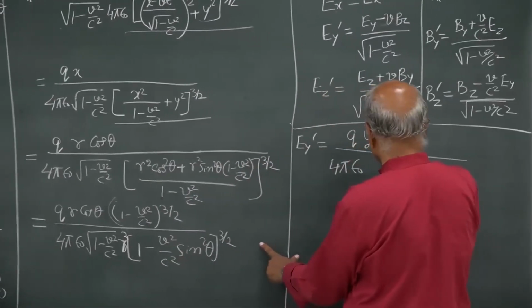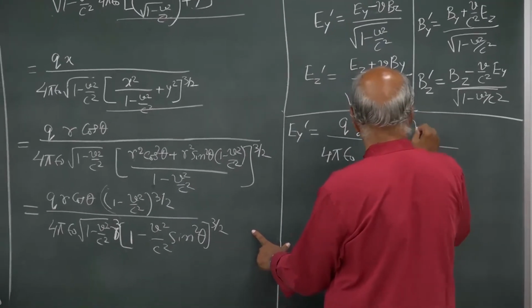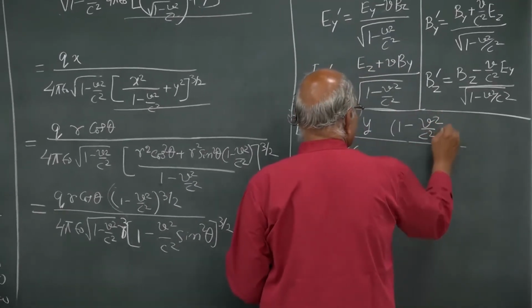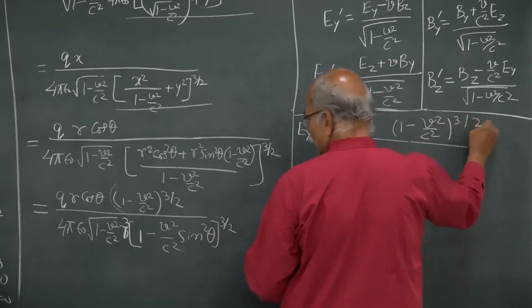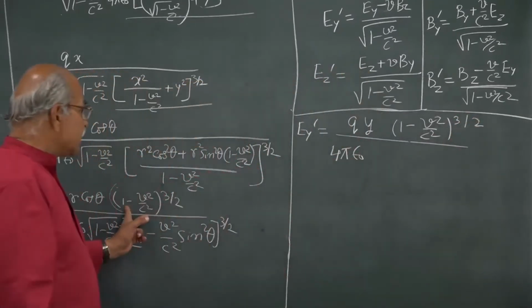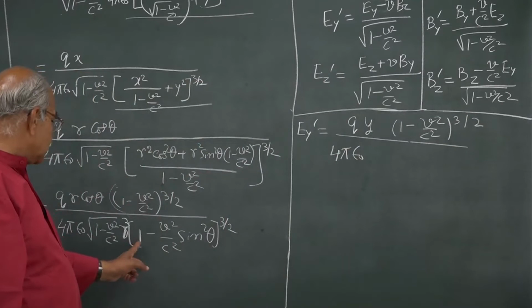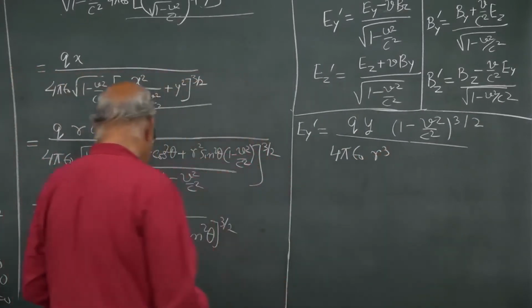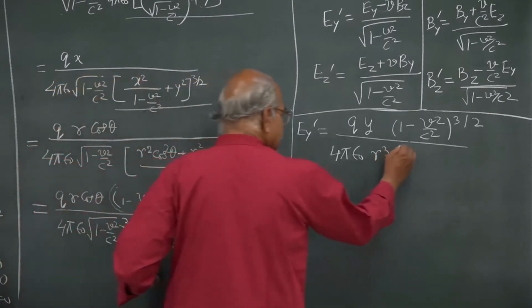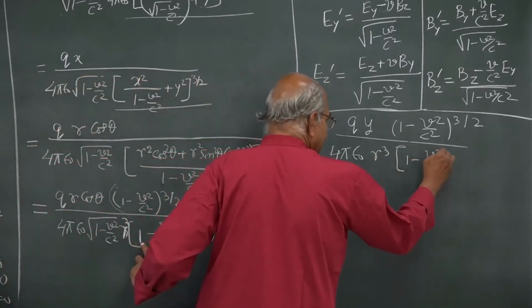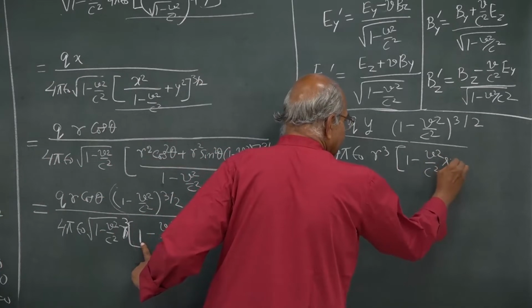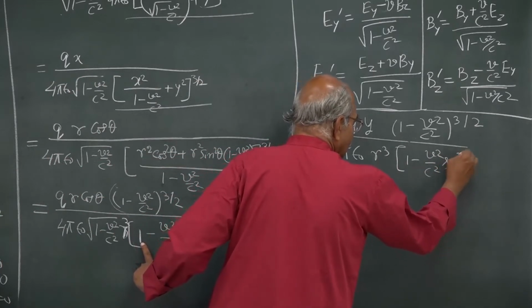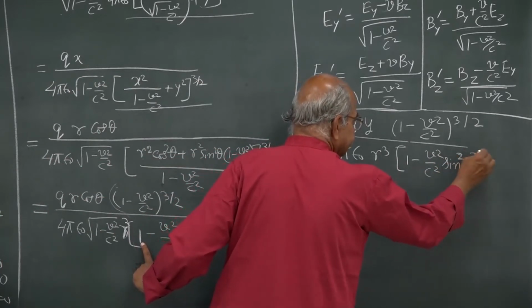This is (1 minus v square by c square) to the power 3 by 2. So, I have written this, and then I have r cube here, and then I have the square bracket 1 minus v square by c square sin square theta, to the power 3 by 2.